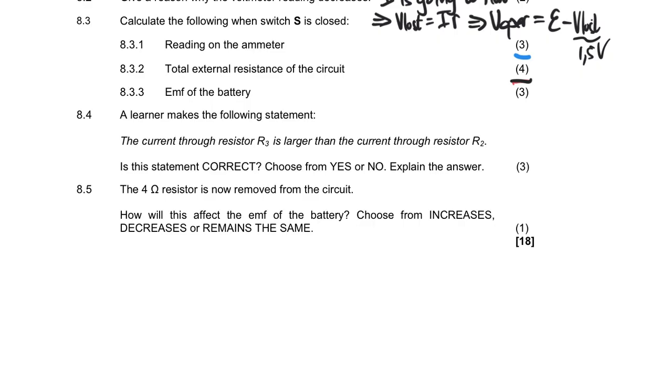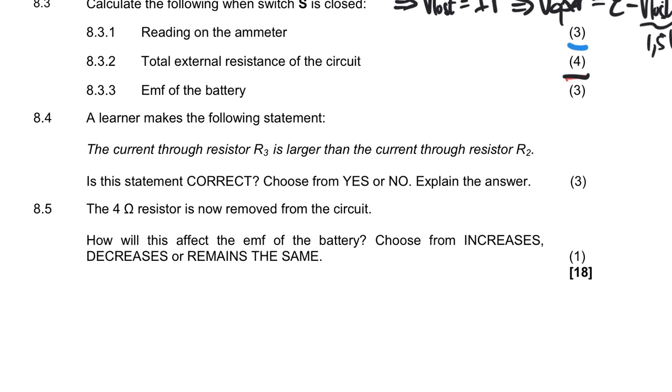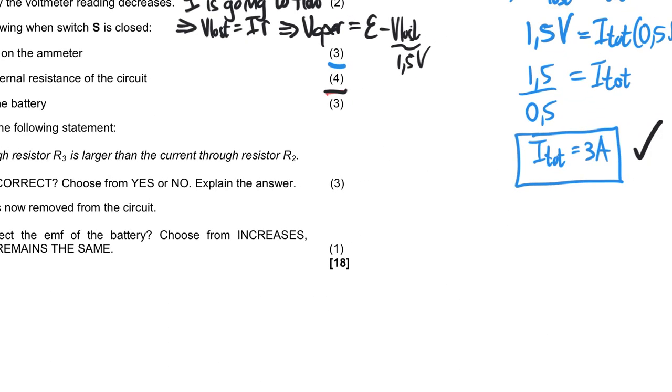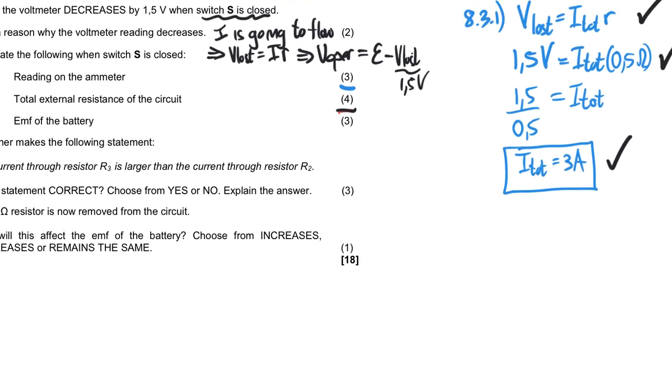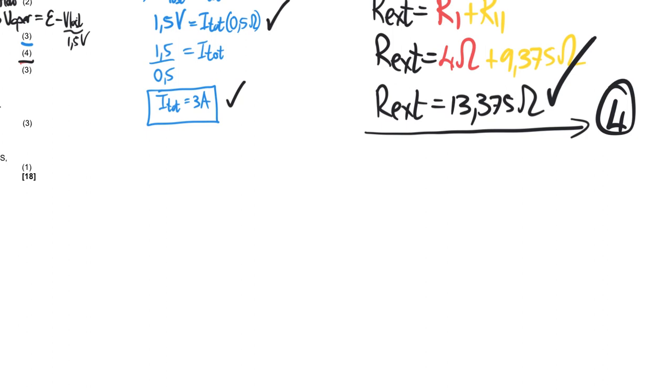So we now move on to 8.3.3, which asks us for the EMF of the battery. Now, if we look at what we already have, we have the total external resistance, which we worked out to be 13,375 ohms. We have the total current, which is 3 amperes.